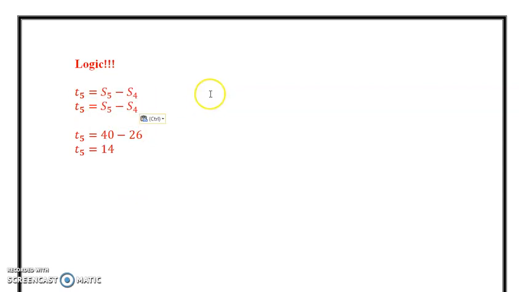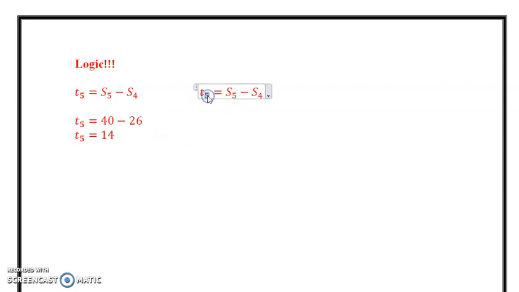So if you're looking for the 6th term, that's just going to be the sum of the 6 terms minus the sum of the 5 terms, right? And that has to be consecutive. Again, this method is really only going to work due to the fact that we have consecutive sums.